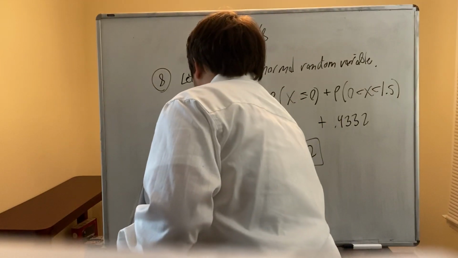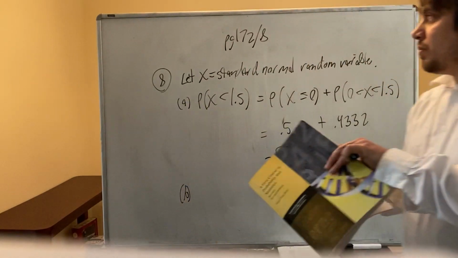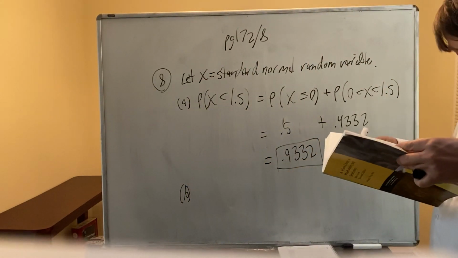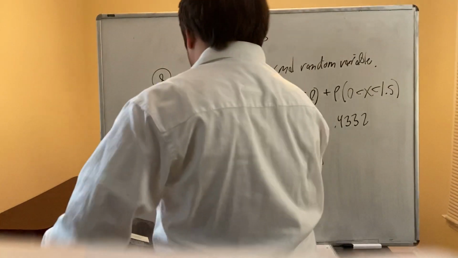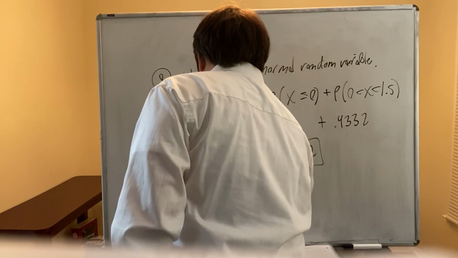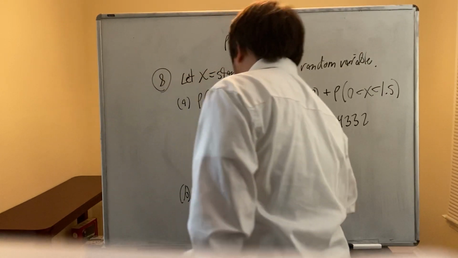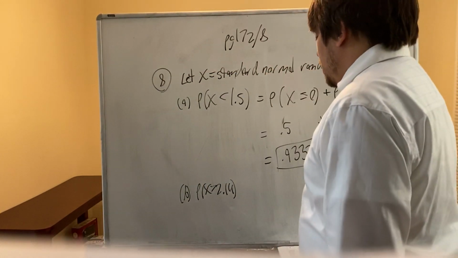So for B, find the probability that X is greater than 2.14.